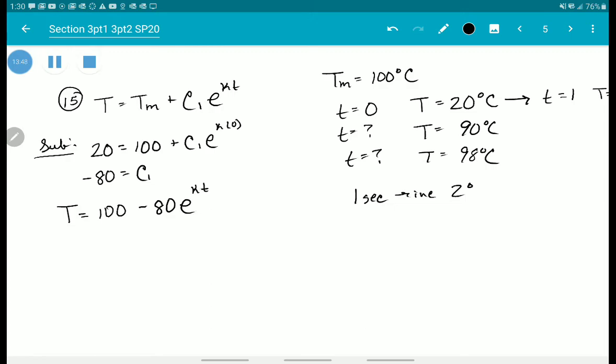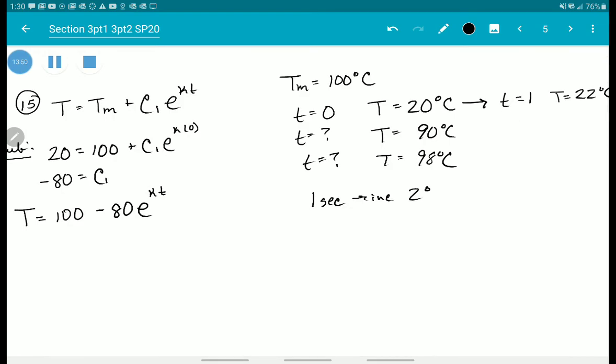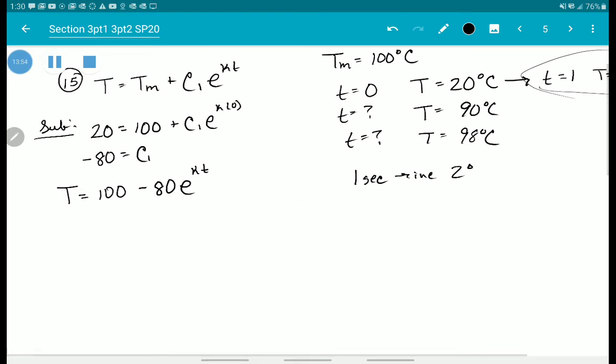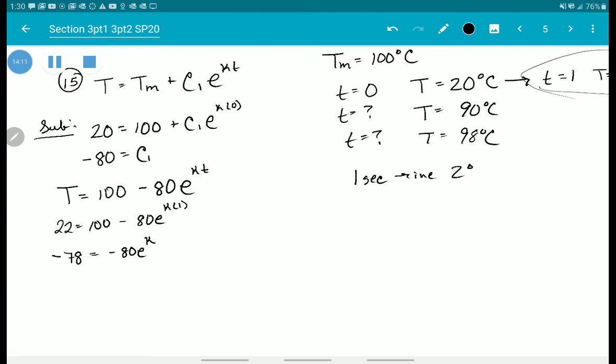So now let's use that second piece of information, where 1 second later we have 22 degrees. So we have negative 78 is equal to negative 80 e to the k. So 78 over 80 equals e to the k.